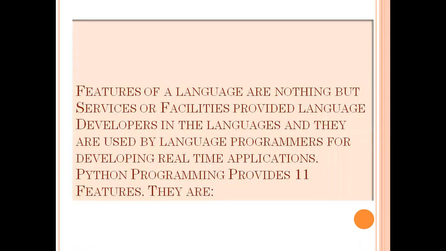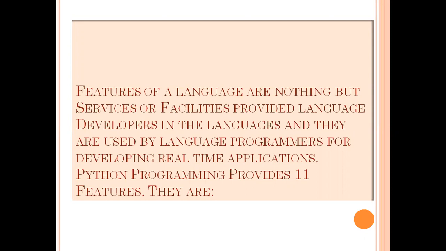What is the meaning of features actually? Features of a language are nothing but services or facilities provided by language developers in the language, and they are used by language programmers to develop real-time applications.